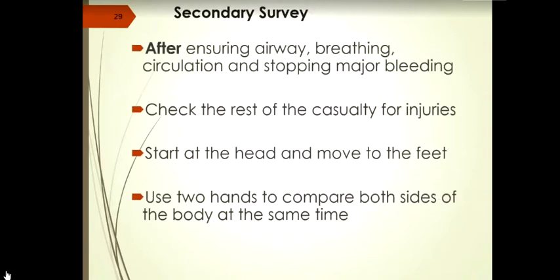A secondary survey occurs after you've ensured that airway, breathing, and circulation are intact, and any major hemorrhage or bleeding has been stopped. It involves checking the rest of the casualty or the patient, assessing them quickly from head to toe for any signs of injury.